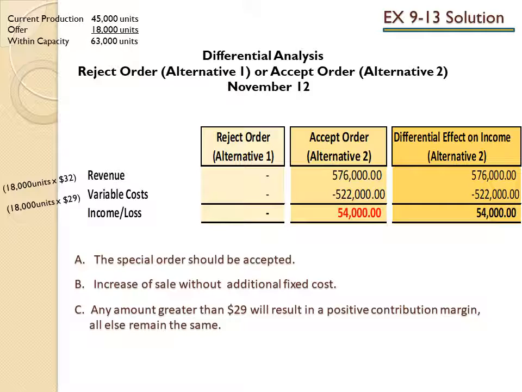The break-even price will be the amount of the variable cost, which is $29. Since it is the only relevant data in this problem, any amount greater than $29 will result in a positive contribution margin, all else remaining the same.